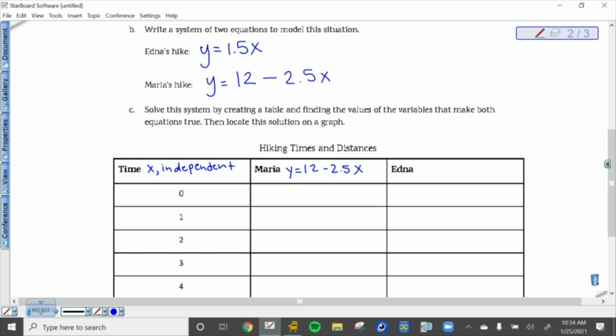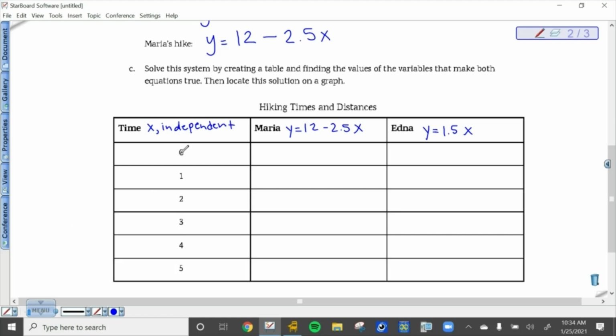And then we have Edna's equation, which is y equals 1.5x. So this is like our input-output table, where we take these different values for x, plug them into the equation, and see what comes out as our value for y.